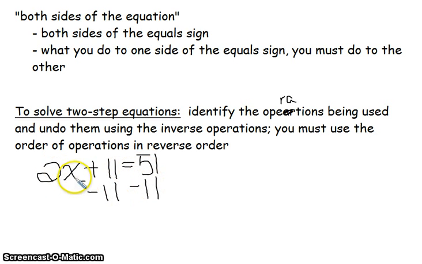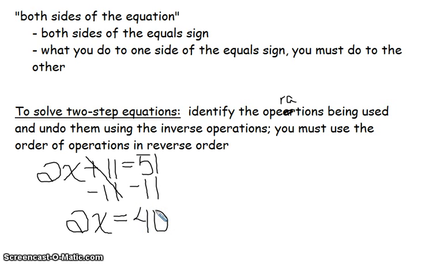I'm not subtracting 11 over here 2 times, just once. The positive 11 minus 11 gives us our 0, which is the point of doing the opposite operation. So that leaves us with 2x equals, and then you just have a simple subtraction problem there, 51 minus 11, which gives you 40.